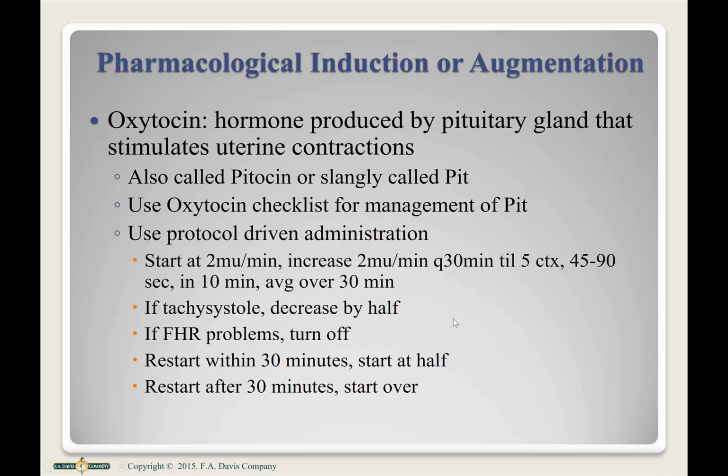If the pump says 10 cc's per hour, which is 10 milliunits per minute, and we have tachysystole, we decrease it by half to 5 cc's per hour. If we have fetal heart rate problems, with or without tachysystole, we turn the Pitocin off.